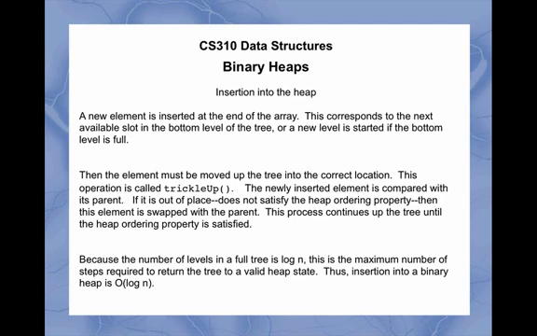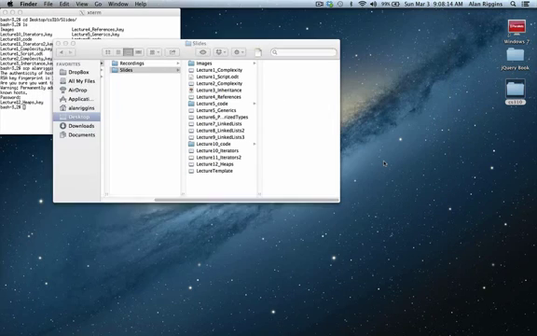So let's take a look at the insertion here. I'm going to go ahead and set a list of random elements: 14, 2, 18, 6, 7, 3, 19. So we're going to insert these in the heap and see how it is built.